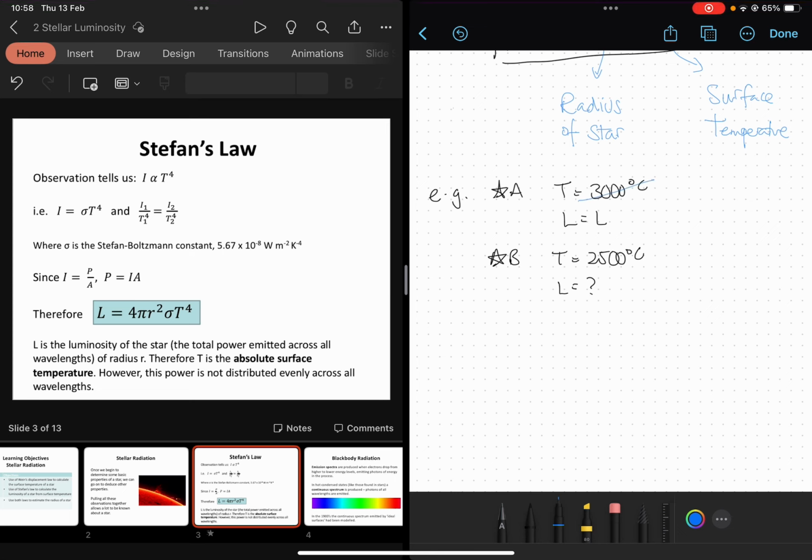First things first, we have to convert into Kelvin by adding 273 degrees. So that's what those two temperatures become.